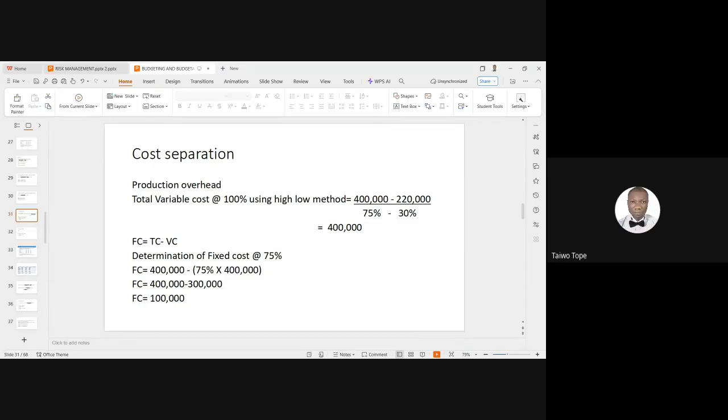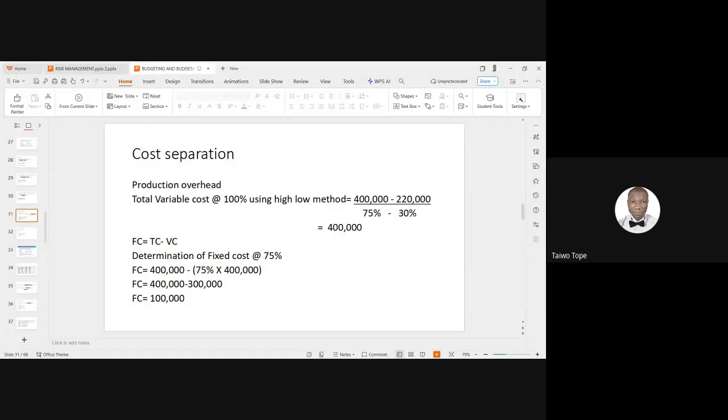So your total cost at 75% based on production overhead is 400,000, minus the variable cost at that activity level, which is 300,000. That gives you 100,000.